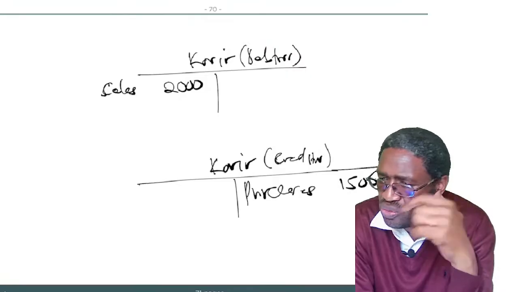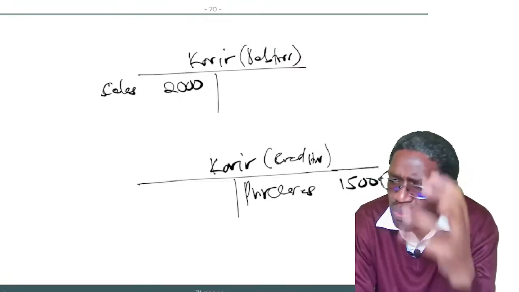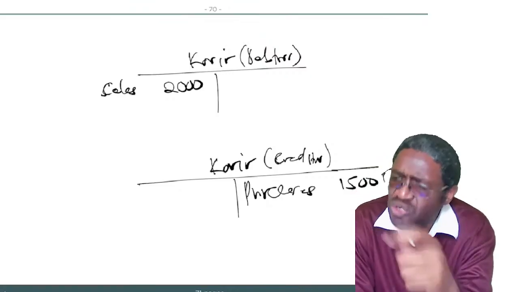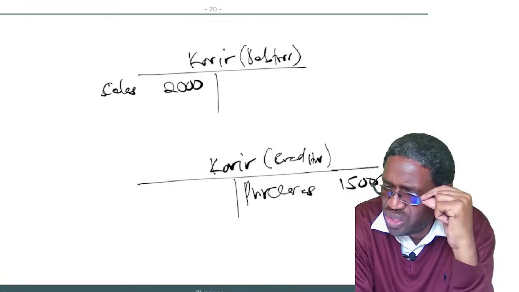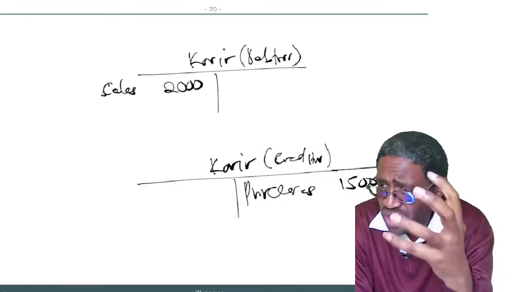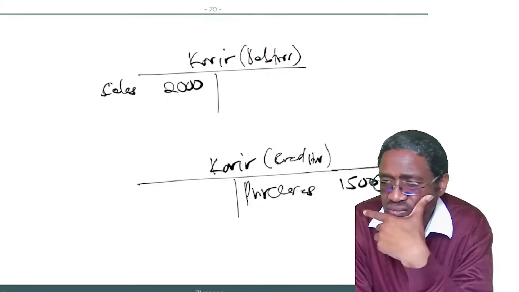The answer is no. Coril doesn't have to pay me 2,000, then I use the same money to pay him what I owe him, which is 1,500. Because he owes us 2,000 as a debtor, and we owe him 1,500 as a creditor.